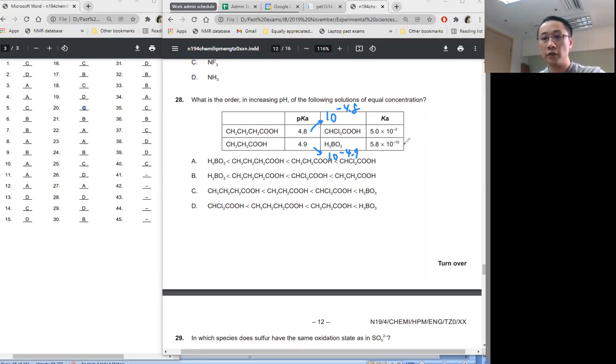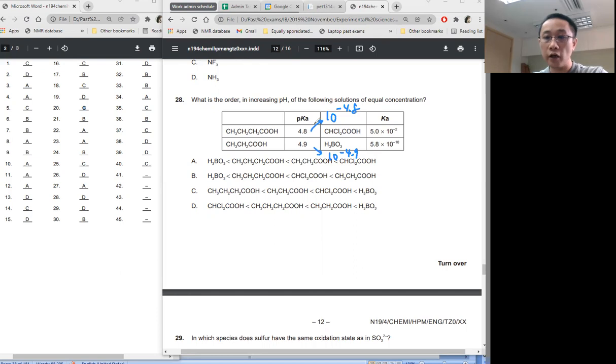H3PO3 is by far the weakest. And then if you consider the two middle species, butanoic acid with the Ka of 10 to the negative 4.8 should be slightly stronger than propanoic acid, whose Ka is 10 to the negative 4.9. Because the more positive the power, the larger the value overall when you bring them as a power of 10.